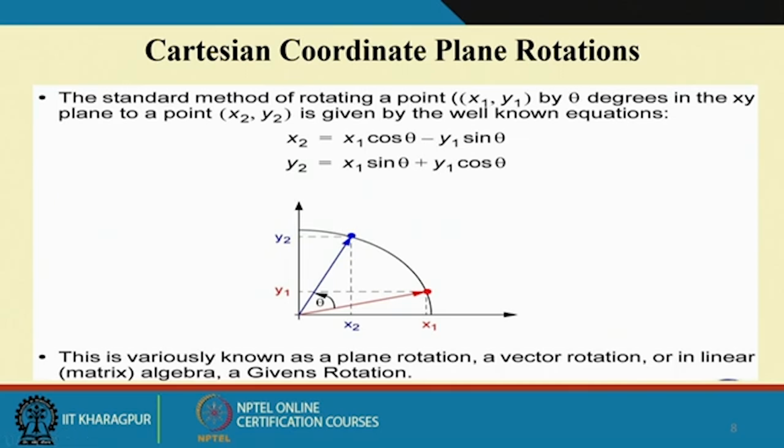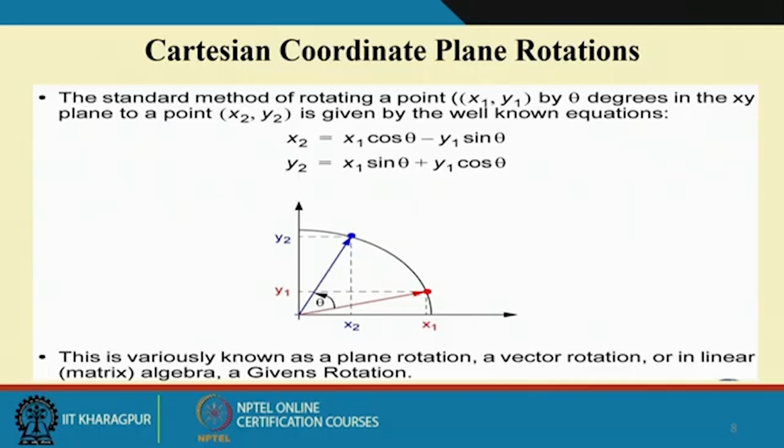Now, how does it work? We said that we can calculate the square root function, sin theta, cos theta, tan theta, division, and logarithmic function, but how does it work basically? Mainly, consider the Cartesian coordinate plane rotation.